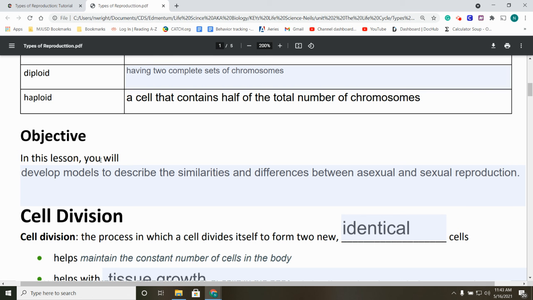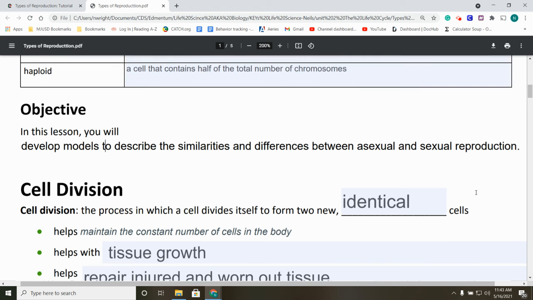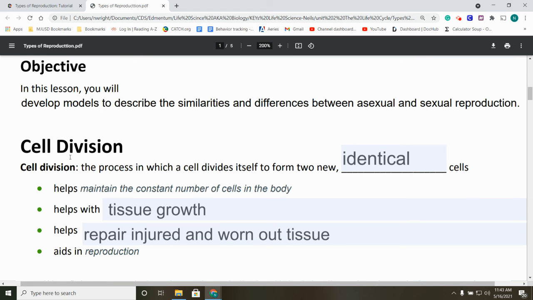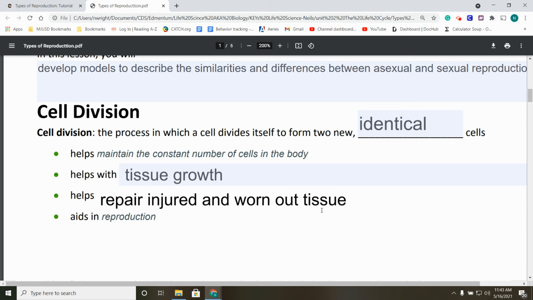Objective. In this lesson, you will develop models to describe the similarities and differences between asexual and sexual reproduction. Cell division. Cell division, the process in which a cell divides to form new identical cells, helps maintain the constant number of cells in the body, helps with tissue growth, helps repair injured and worn out tissue.